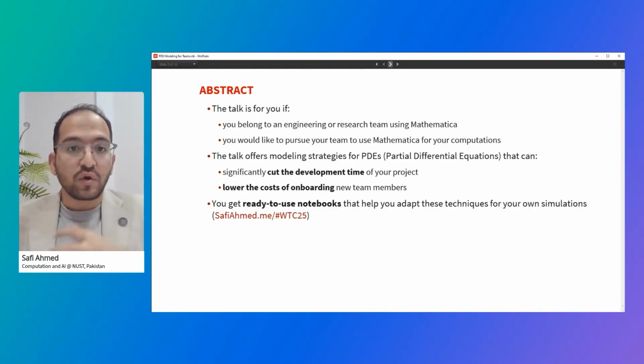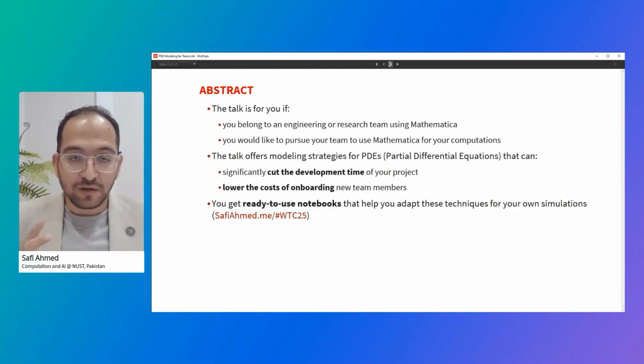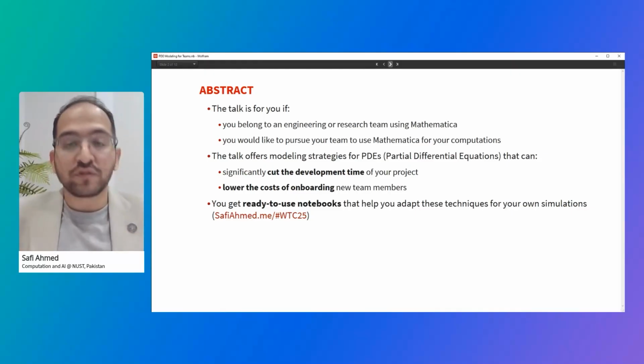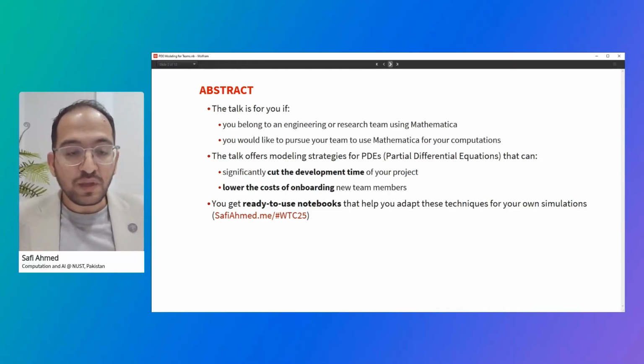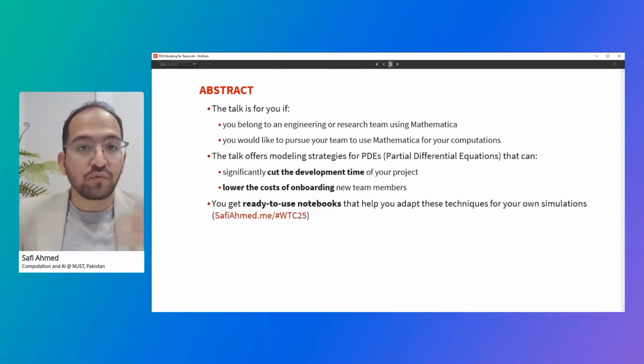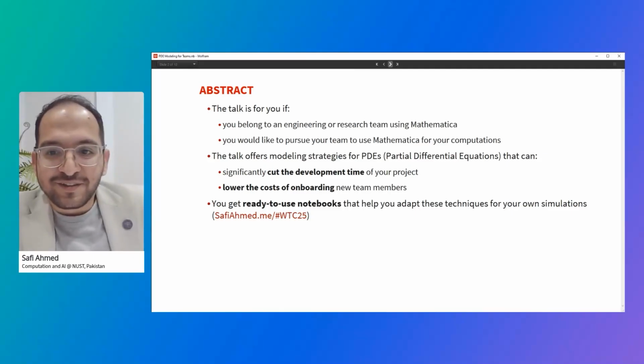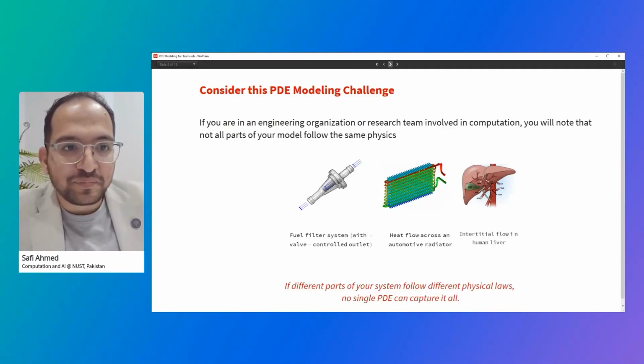It's not really the monetary cost, but the time cost of onboarding new members into a working simulation. I will also provide various ready to use notebooks that will help you adapt these techniques in your own simulations. So let's get started.